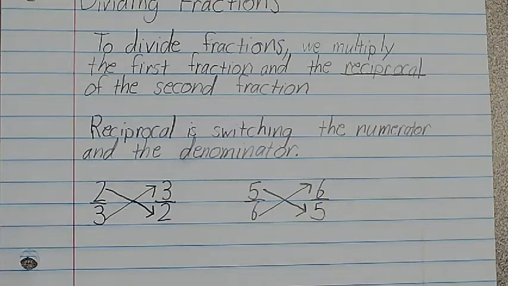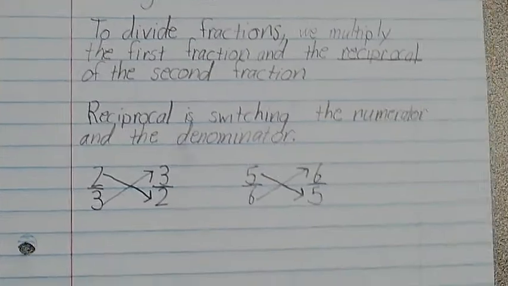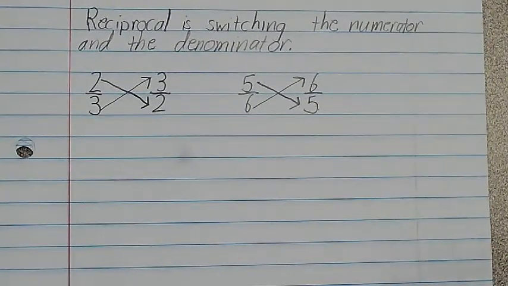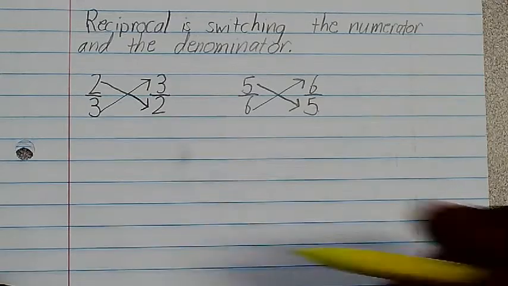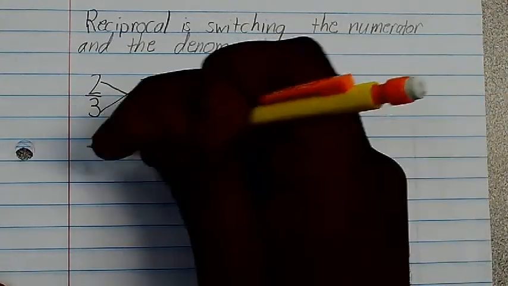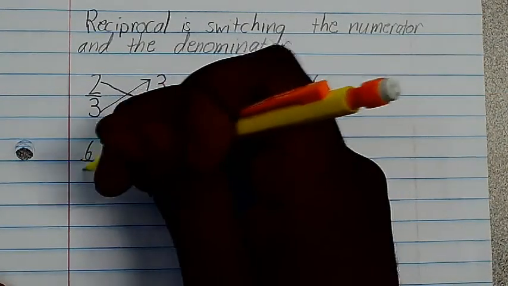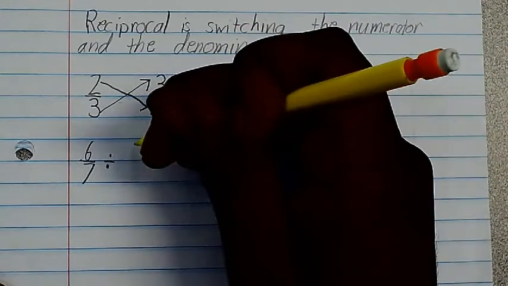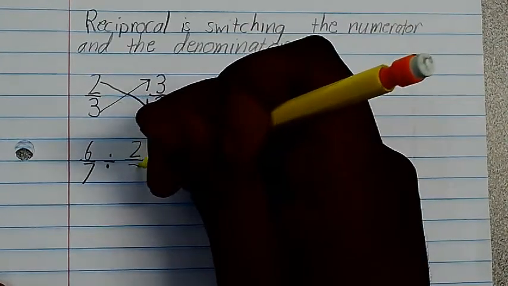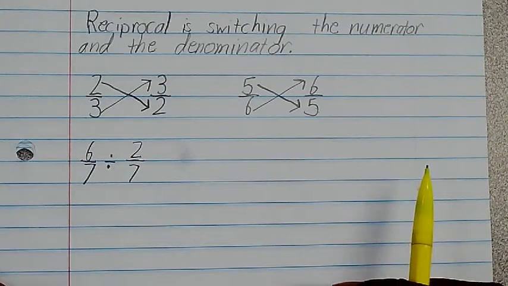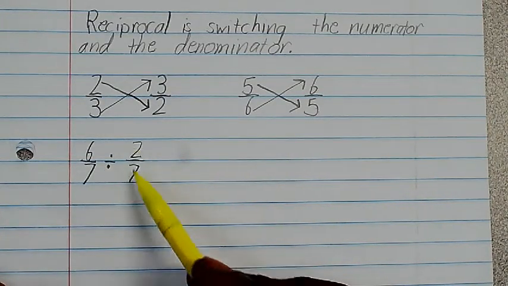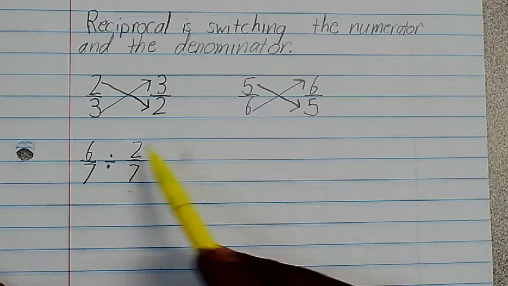Okay? So now we're going to look at some problems where we're actually writing the reciprocal of the second term times the first. All right, so let's say we have the following: 6/7 divided by 2/7. Okay? So we're going to rewrite this multiplying the reciprocal of the second term.